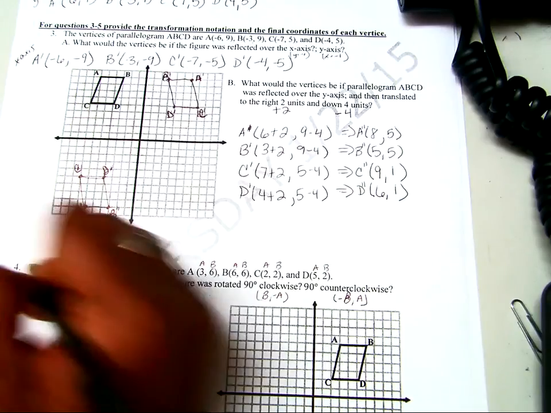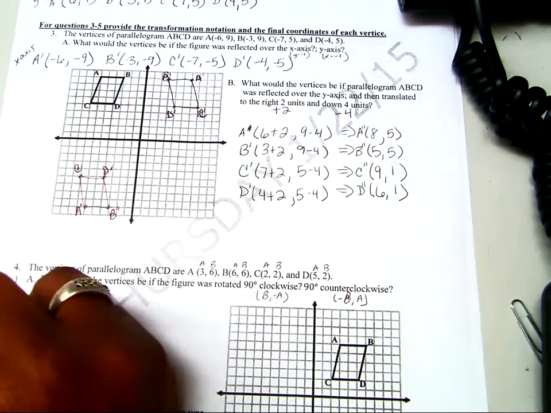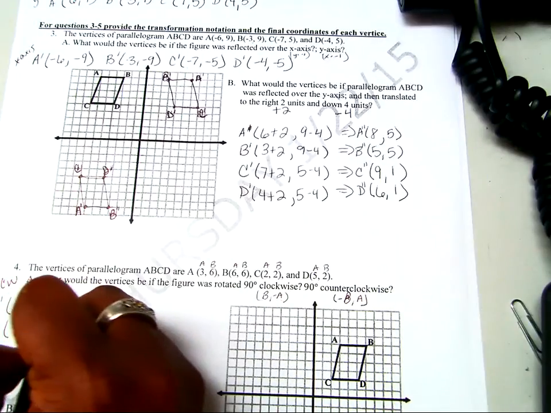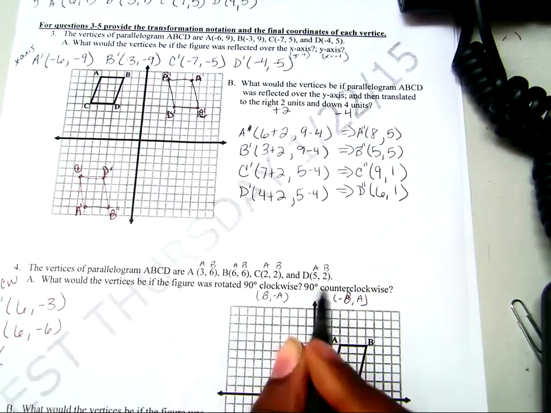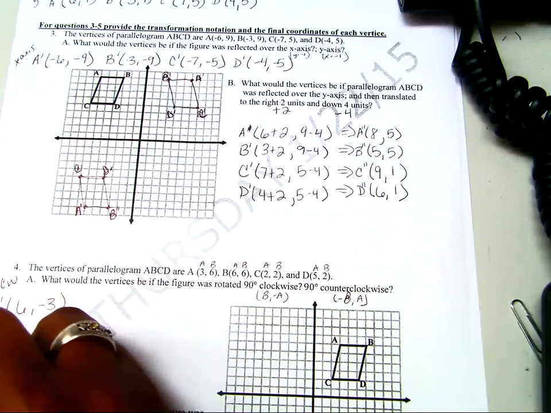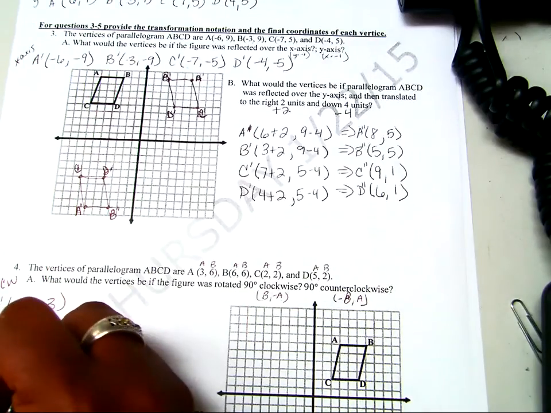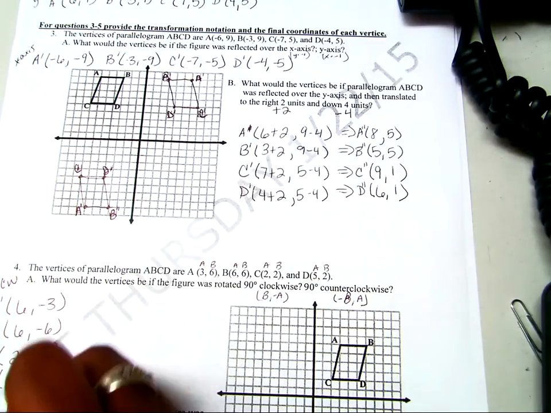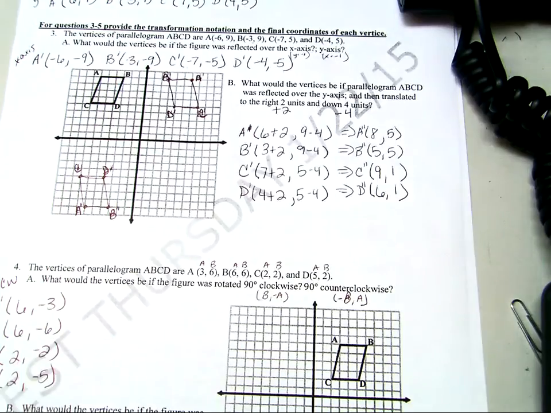B prime, I need B, and I need the opposite of A. C prime, I need B, I need the opposite of the A. D prime, I need B, I need the opposite of that A. Right? Then I graph those points.